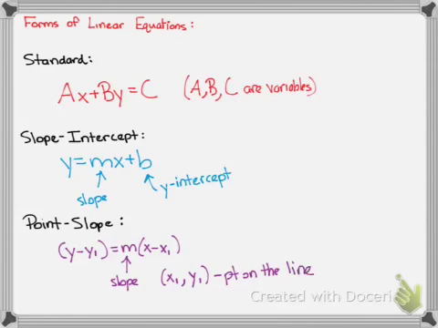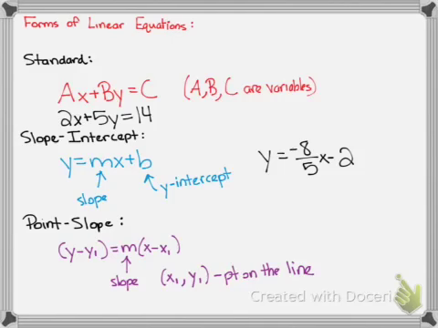So just so you can see an example of each, I'll go ahead and fill that in below each one. An example of standard would be like 2x plus 5y equals 14. That is a standard equation, linear form. Slope-intercept may look like y equals negative 8/5 x minus 2.